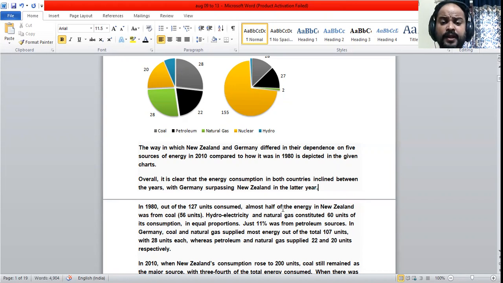Okay, so I made a critical change here. I don't need this there. It's clear that energy consumption in both countries inclined between the years mentioned, with Germany surpassing New Zealand in the latter year.